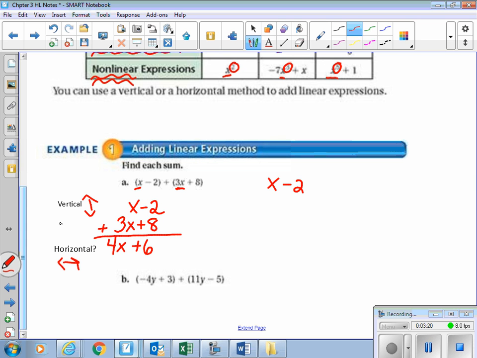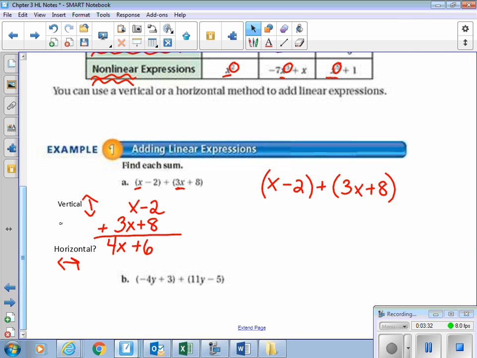If I want to do it horizontally, I'm going to rewrite it over here. x minus 2 plus 3x plus 8. I'm really just looking for those like terms. So if you remember in previous lessons, we put shapes around our like terms. This is a positive 3x.